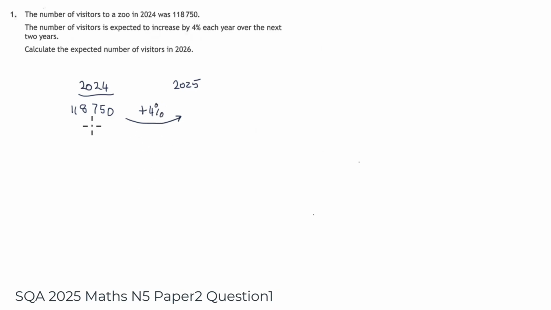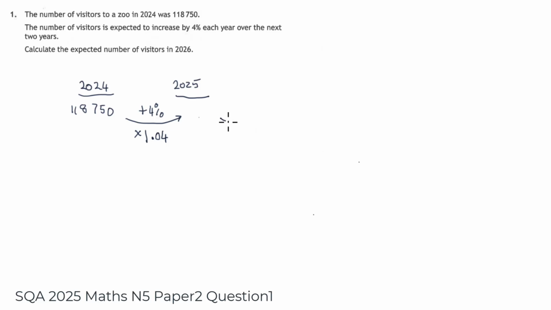Now, one of the ways of doing this calculation is multiplying that figure by 1 (that keeps the whole thing) plus 0.04, which is 4%, it's 4 hundredths, and that will give us the required answer for 2025.